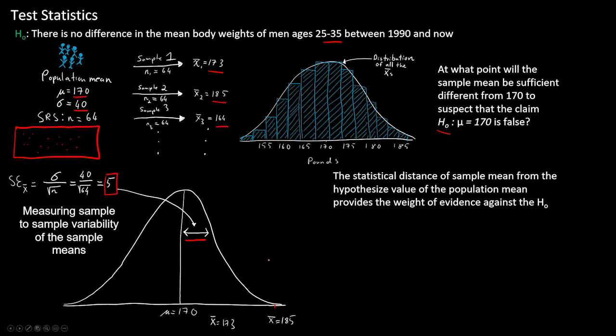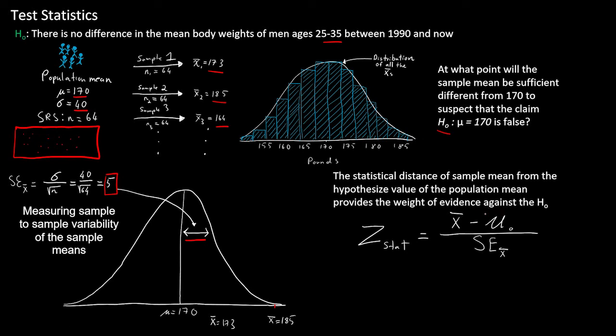To look at this a little bit further, the statistical distance of the sample mean from the hypothesized value of the population mean, 170, provides the weight of evidence against a null hypothesis. And this statistical distance is represented in the form of the test statistic called z-stat, given by this equation here, where x bar is the sample mean and mu naught is the hypothesized value of the population mean, which is the 170 here.